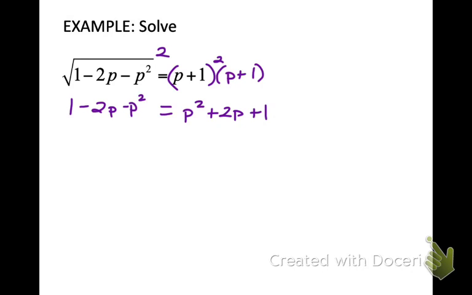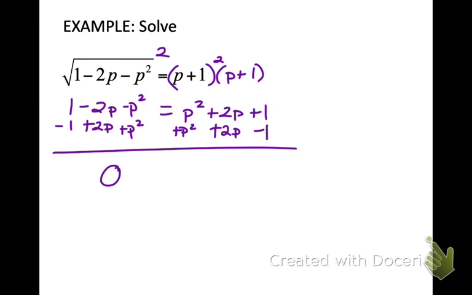So I'm going to shift everything from my left side over to the right side. That means I'm going to subtract a 1 over to that 1, add a 2p over to that 2p, and add a p squared to that p squared. So now I have 0 is equal to 2p squared plus 4p.